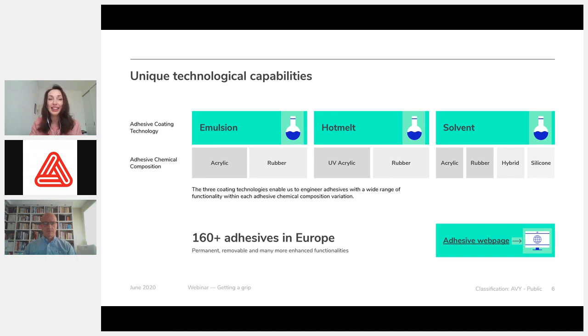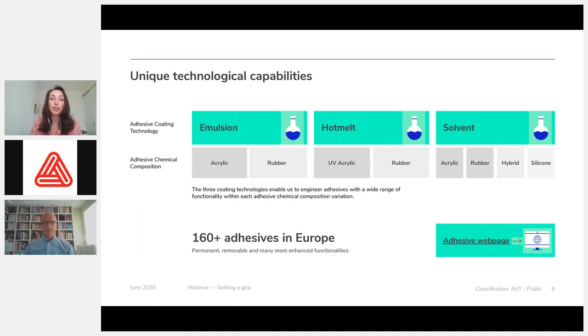And in order to make it easy to understand the differences between these three coating technologies and chemistries, we've created three animations. For the sake of time, we will include a link later, but also in this presentation, you have a link to the adhesive webpage.